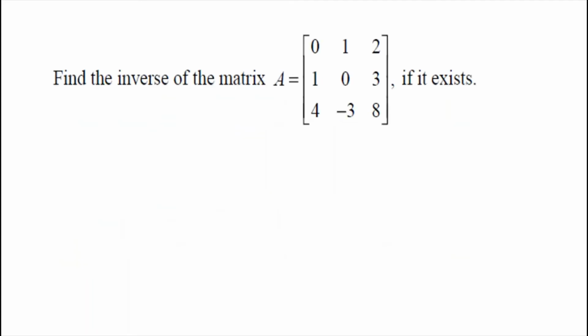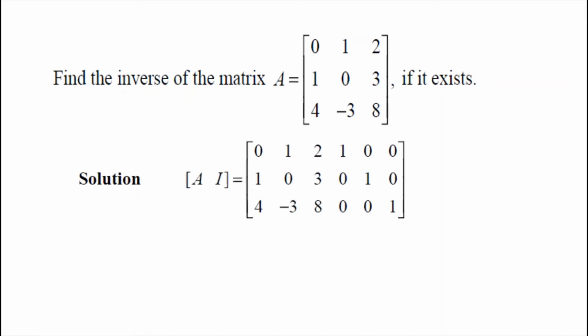Find the inverse of the matrix A if it exists. Let's see. In the solution we obtain an augmented matrix where we have placed the identity matrix on the right hand side. Now we will apply row operations to transform our matrix A into the identity matrix.